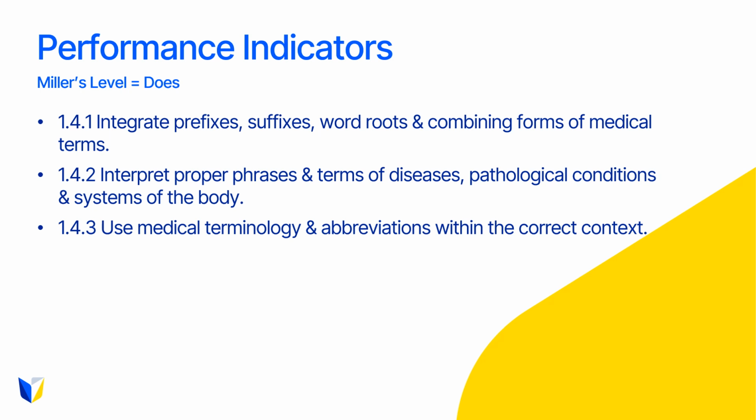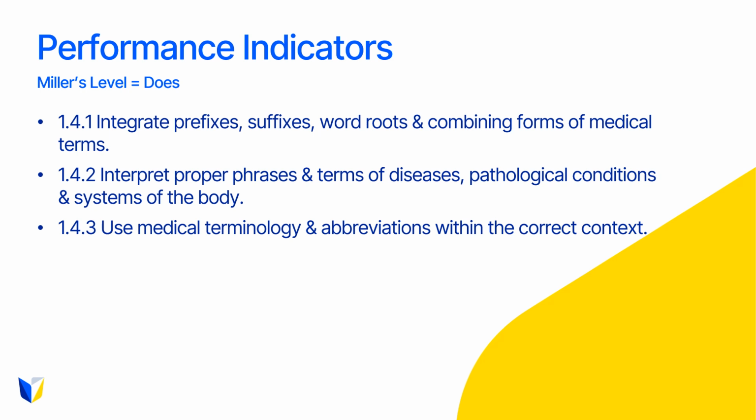So a student may also be asked to complete a project that involves selecting a condition to research and teach about in a knowledgeable presentation on the condition or disease process and any potential treatment options, along with other side effects. So this is where we ask ourselves, as we're assessing the student's mastery of competency, is the student able to do one or more of the listed performance indicators?